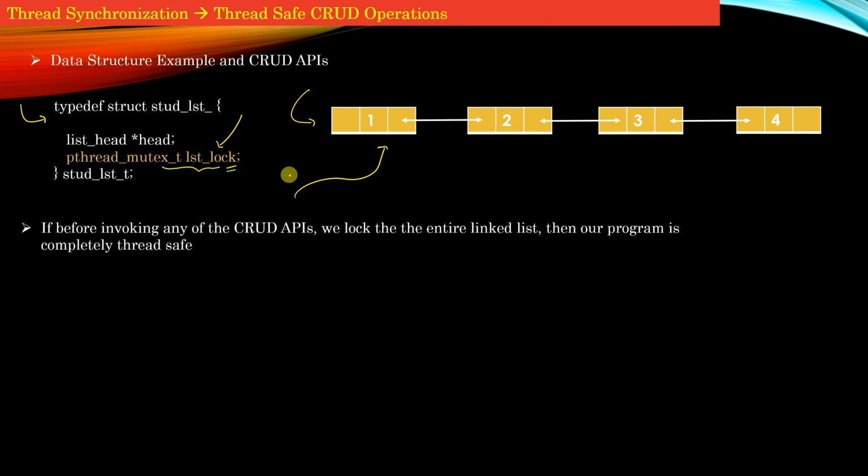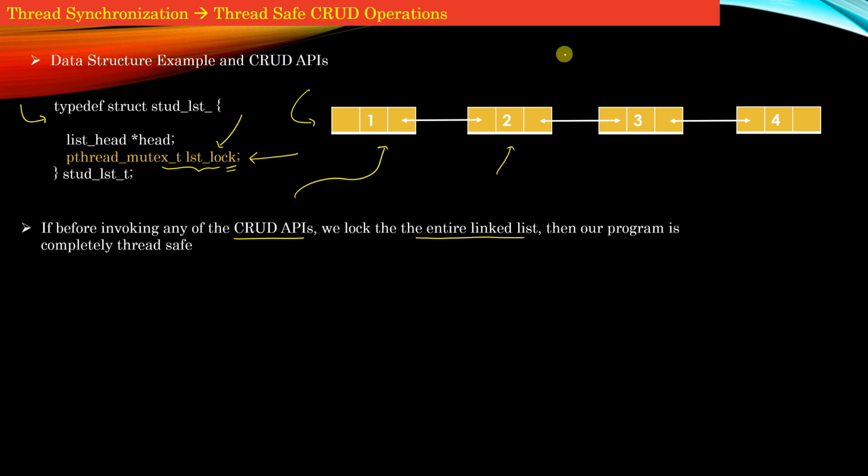So before invoking any of the CRUD APIs, whether the thread wants to perform a create operation, delete operation, read operation, or any operation on the linked list, if the thread locks the entire linked list by invoking the pthread lock API on this mutex, then the thread is free to perform any operation on this linked list. So our program is absolutely thread safe.